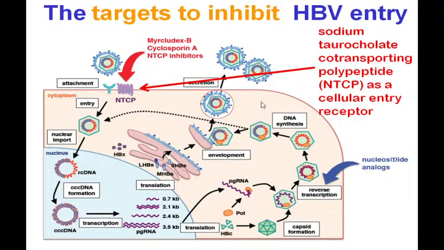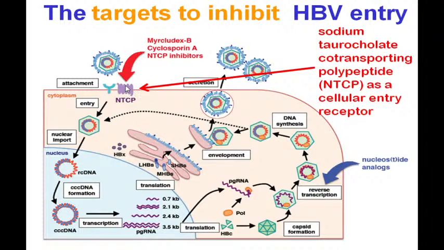And we're supposed to take a look at the targets in this replicative cycle that may help in the treatment of hepatitis B infection. Because this is a DNA virus, it has lower sensitivity to interferon.